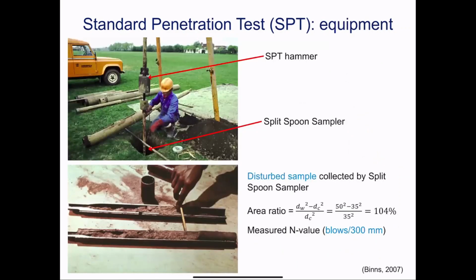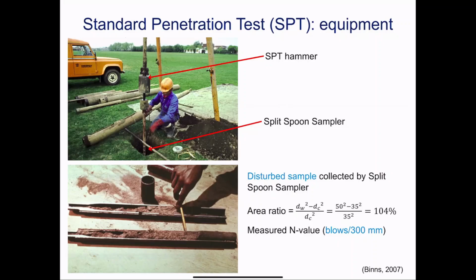But to give you more context, it's probably easier to show you photographs of what an SPT test looks like. And we routinely carry out these tests in Hong Kong. Here at the top photograph, you see a technician carrying out the SPT test with a hole or donut hammer device.